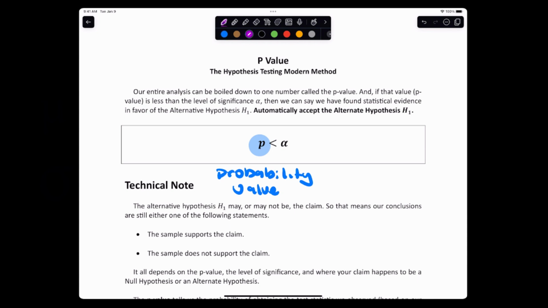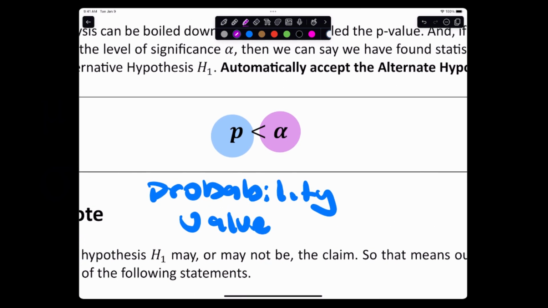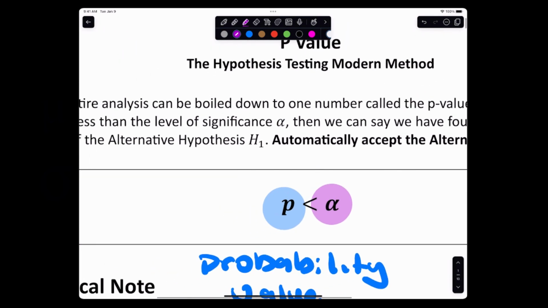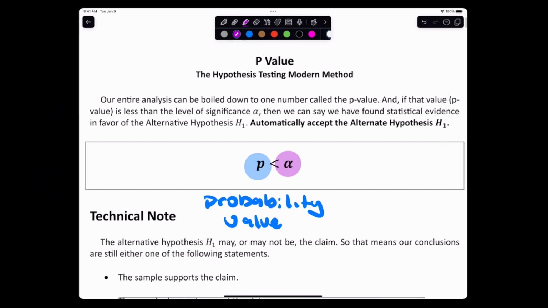And we have to have this probability value to be less than our level of significance alpha. All right, so remember, alpha was that level of significance. So I'm saying here, with hypothesis testing, this is where we left off. We can compute a p-value instead of the traditional method, looking for the test statistic value, and we want it to be less than our level of significance alpha. If we do that, we can say that we have found statistical evidence in favor of the alternate hypothesis.